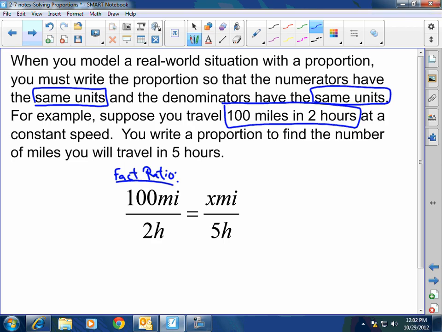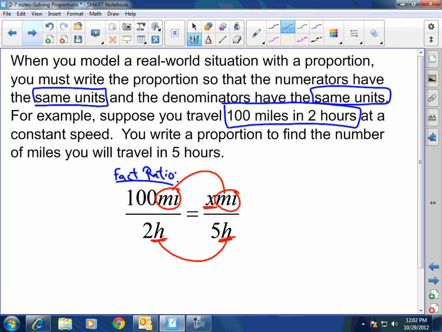Always. Now, part 2, that's where you go unit to unit. The fact is that there's 100 miles in 2 hours. Okay? I traveled 100 miles in 2 hours. I want to know how many miles will I travel in 5 hours. Check it out. Miles to miles. X miles, because we don't know how many miles. Hours to hours. Do not jumble those up.